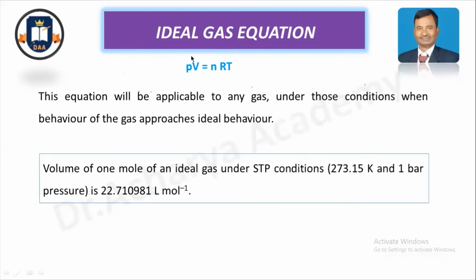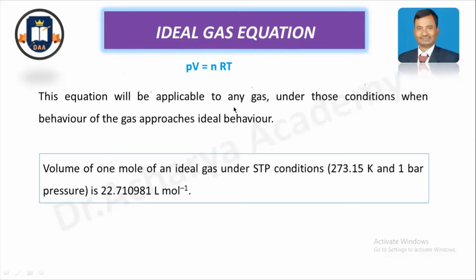Again, this equation PV is equal to nRT is applicable to any gas under those conditions when the behavior of the gas approaches ideal behavior. That's why it is called PV is equal to nRT, the ideal gas equation.